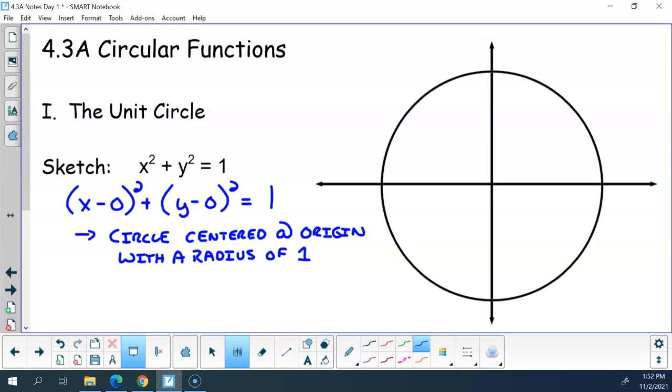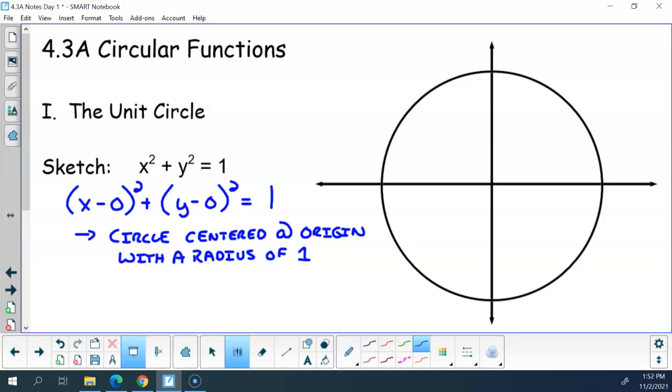That is the unit circle. It is 1 unit big.